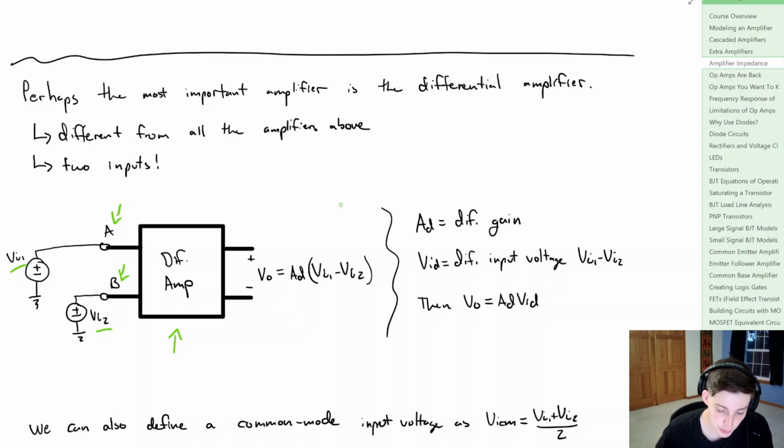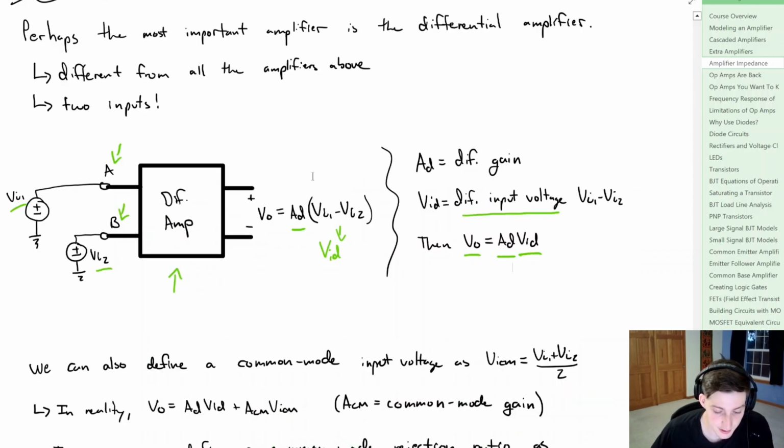Now we have an output voltage, and that output voltage is going to be equal to something called the differential gain, given by A subscript D, multiplied by the difference in those input voltages, VI1 minus VI2. Oftentimes you may see this expressed as V subscript ID, which represents the differential input voltage. Then we can say that the output voltage is equal to the differential gain times the differential input voltage.